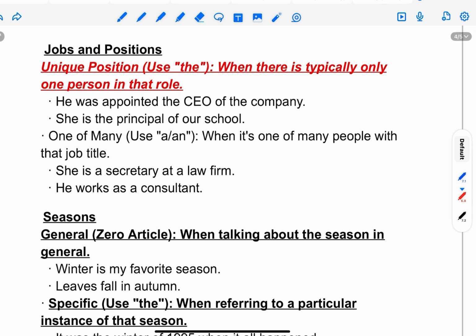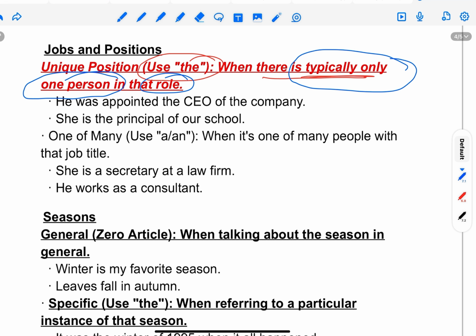Jobs and positions: there are unique positions like the CEO, the president, the prime minister. In such cases, we use the article the when there is typically only one person in that post or role. For example, he was appointed the CEO of the company. Donald Trump is the president.